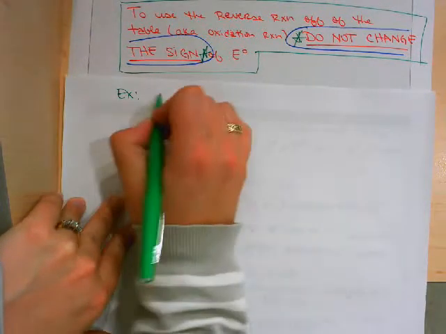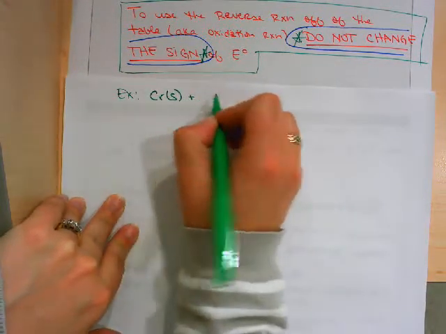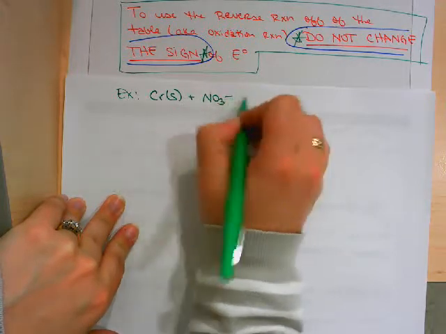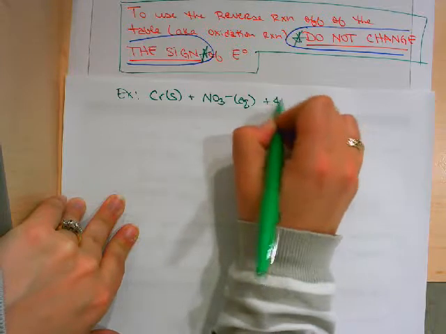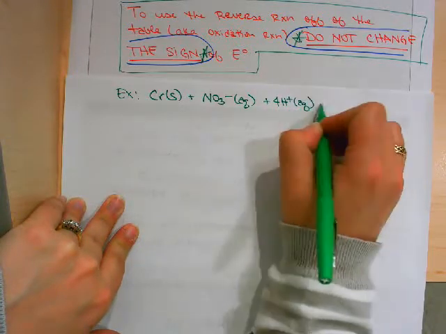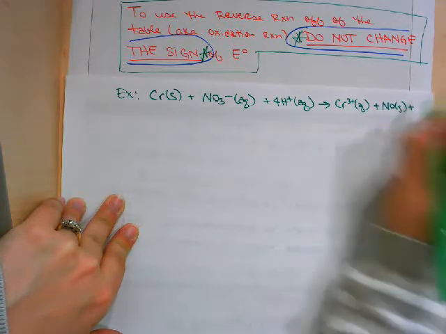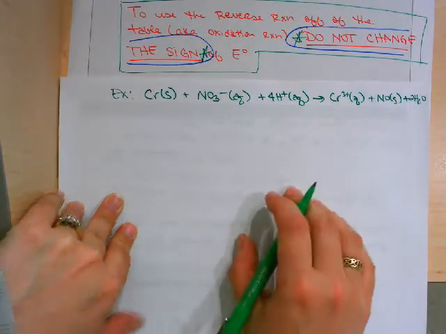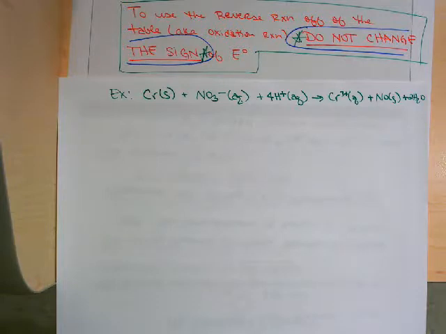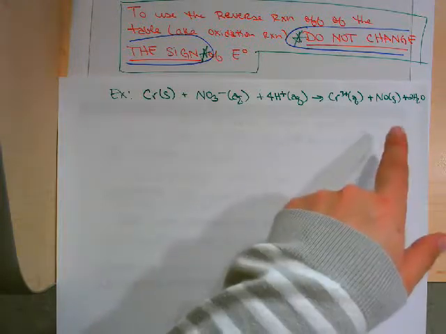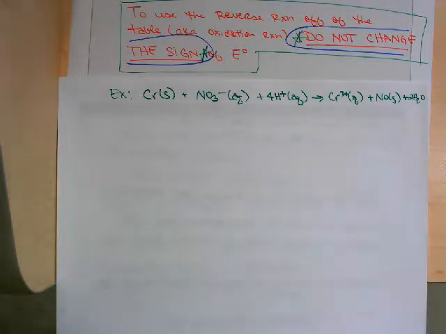Let's say for example I have a chromium solid and a nitrate ion and 4 protons making chromium plus 3, nitric oxide, and 2 H2O.